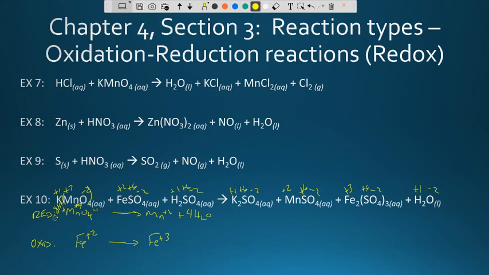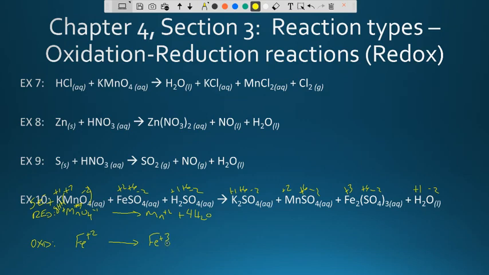Okay, here's 8 plus 8. Let's see. And on this side, I see a +2. Okay, so I have a -1. I have a +8, so I'm at a +7. And I have a +2 on this side, so I'm going to have to add 5 electrons here.